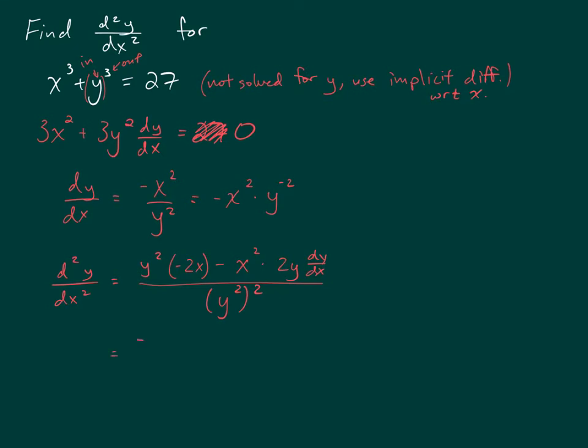So this first term will be negative 2xy squared. And in the second term here, I will have negative 2x squared y dy dx all over y. Let's change that to the fourth power.